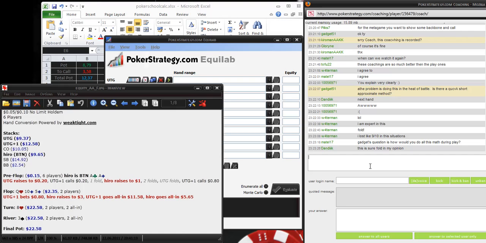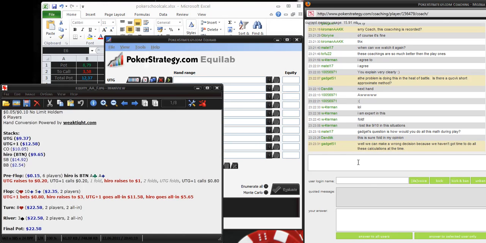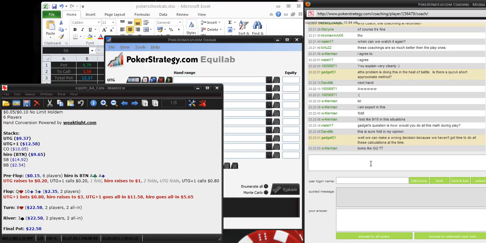Okay, during the play, yeah. As I have explained, during the game you won't be able to do all that kind of calculations, and the way I have been doing it during the game is that I have gone through a lot of hands. I have analyzed a lot of hands, and this mainly helps me for the game. I get an understanding of where I'm ahead, where I'm behind, what kind of equity I need, what kind of equity the opponent has, and practically going through all the situations.